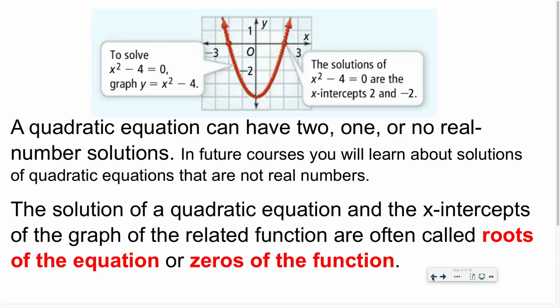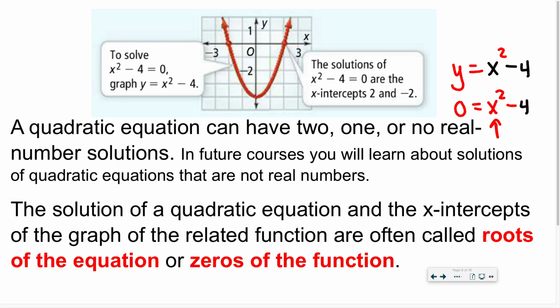You've already identified that in order to be a solution, the value for x would be when y is 0. Instead of having y equals x squared minus 4, if y is 0, we can try and solve for x. That's really the core of solving a quadratic.